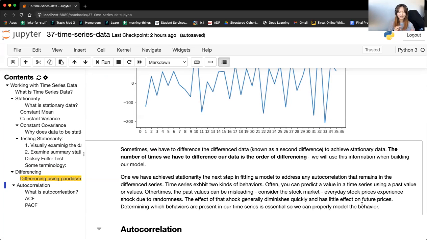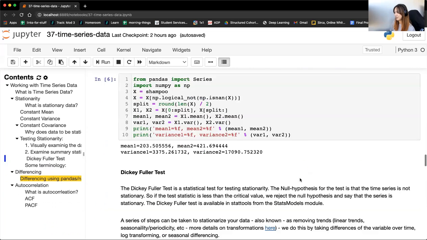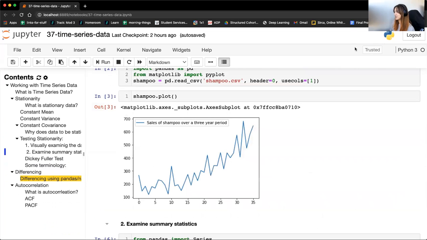So if you have a piece of data where, let's say, the overall trend, if you were to plot an average line throughout, was a straight line. For example, with this shampoo data, we saw that you can fit some sort of straight line that demonstrates an overall trend. If you can plot a straight line through your data, you probably only need to difference it once.